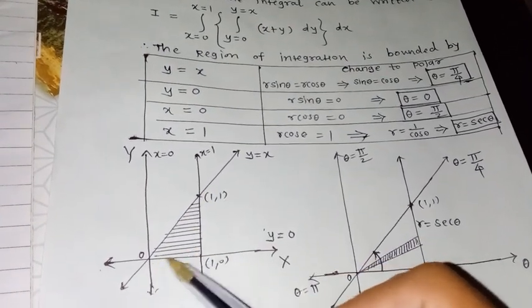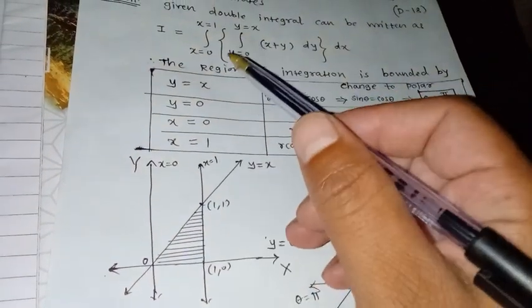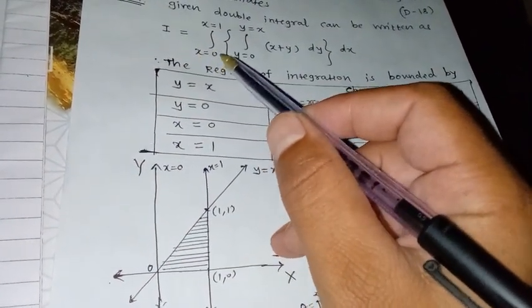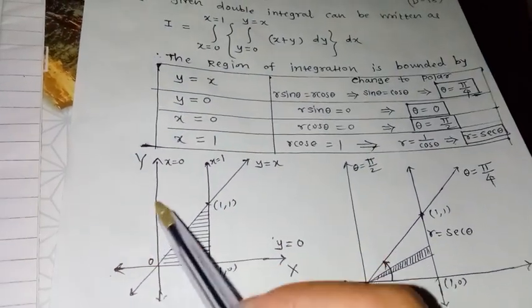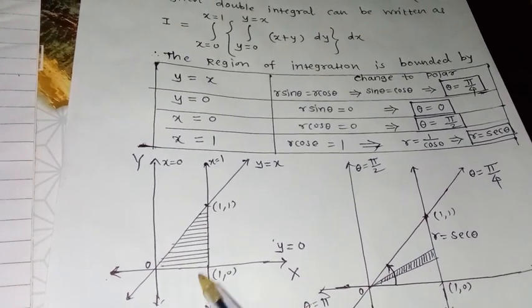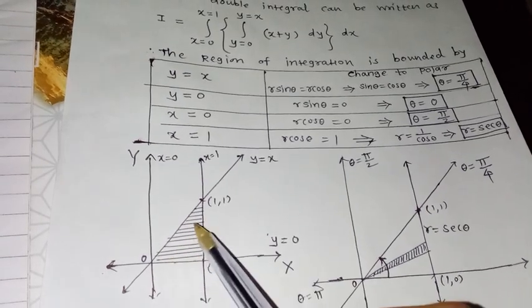So our region is starting from this line and ending at this line. Similarly from the outside integral, our region is starting from the x equals 0 line and ending at x equals 1 line. So this will be our common area.